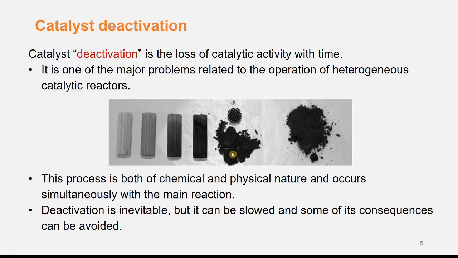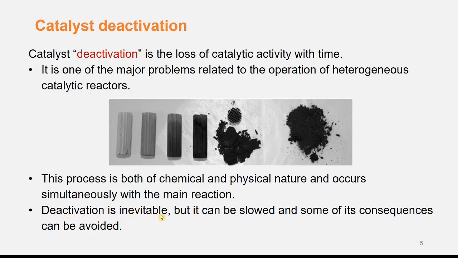The structure of the monolith is degrading, probably due to prolonged exposure to high temperatures. So both chemical and physical deactivation can take place simultaneously with the main chemical reaction. Deactivation generally cannot be avoided.